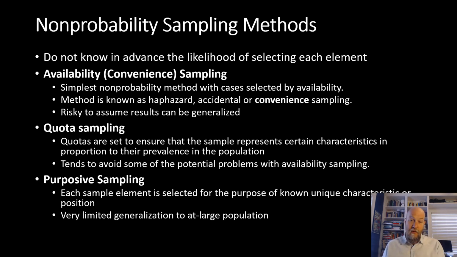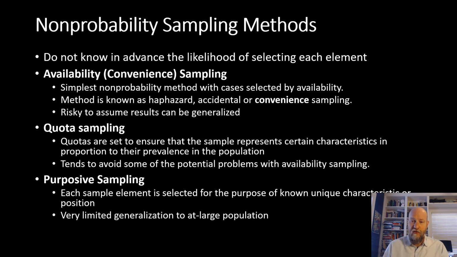Another is a non-probability technique called purposive sampling. This is one in which we are really drawing a specific individual element because they have unique characteristics or position. Very limited generalizability to an at-large population, but sometimes this makes sense. If I am doing some research on opinions about COVID-19, and I'm particularly interested in what epidemiologists have to say, knowing that there are only so many epidemiologists in the world, right?